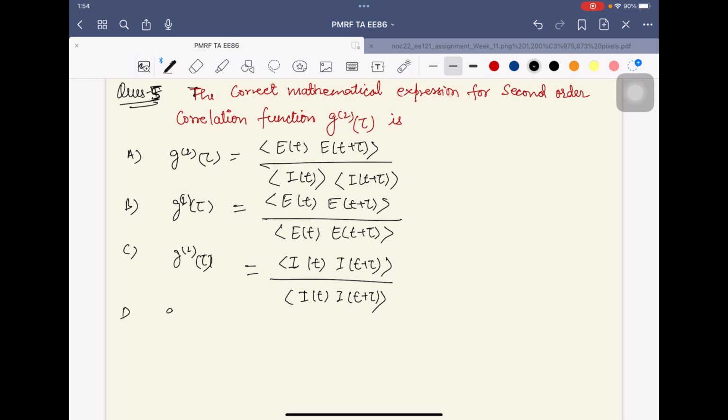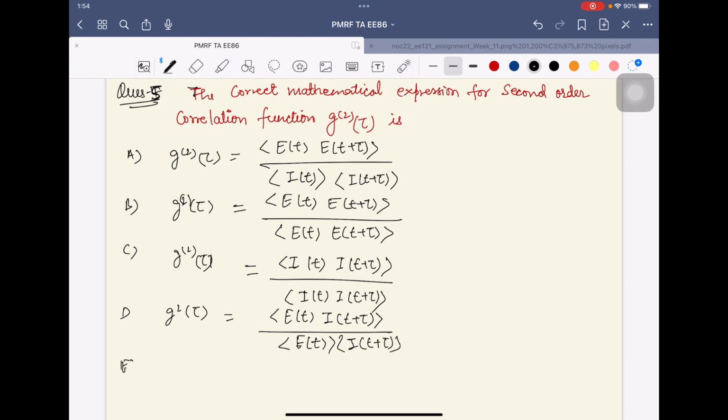Option D is g2(tau) equal to I(t) into I(t plus tau) divided by I(t) plus tau.